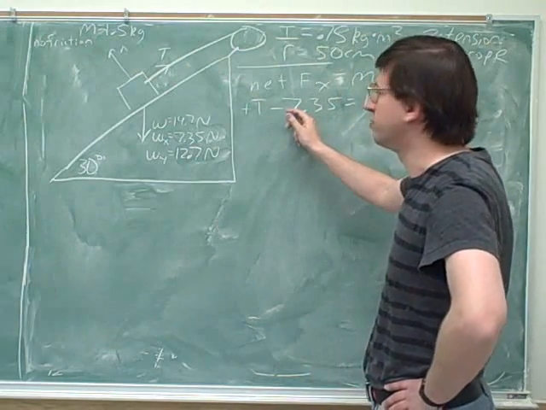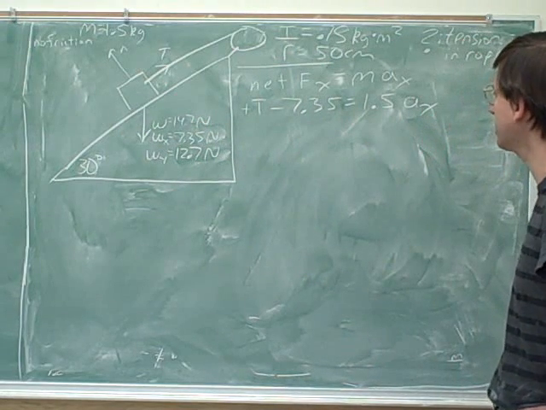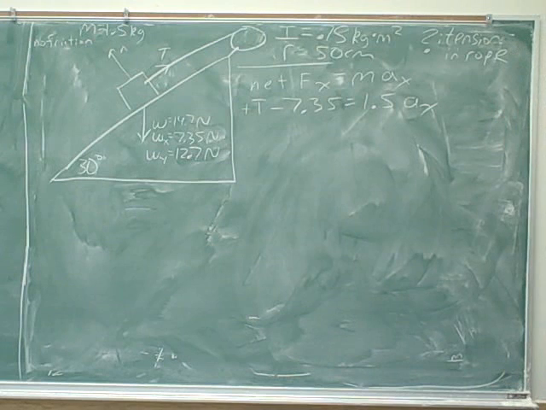It's good that you remember that the weight would be negative, because the weight is pulling us down. So then T equals 1.5 times the acceleration in the x direction plus 7.35.